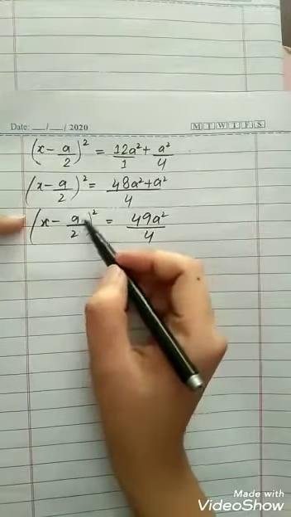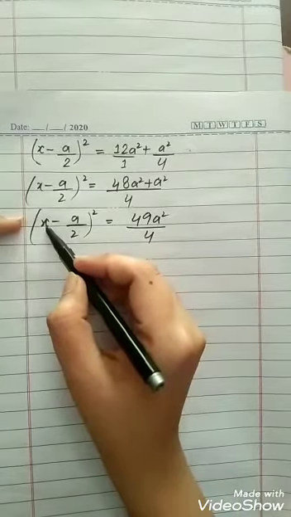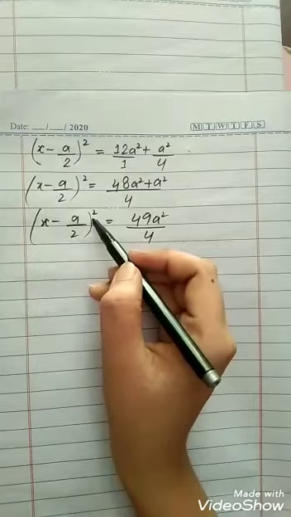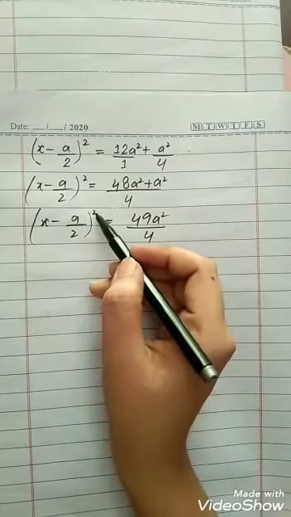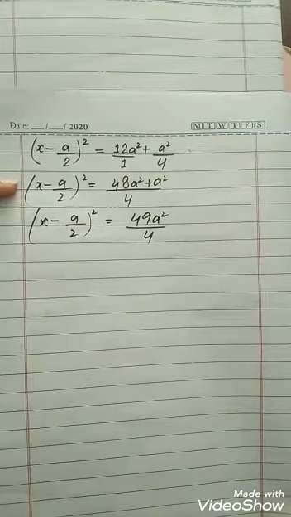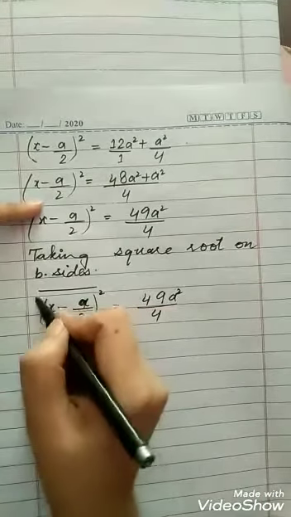Basically we have to find the value of x, so we don't need the square. So how can we remove the square? By taking the square root on both sides. Now we will take the square root.